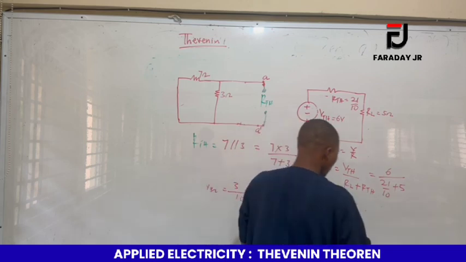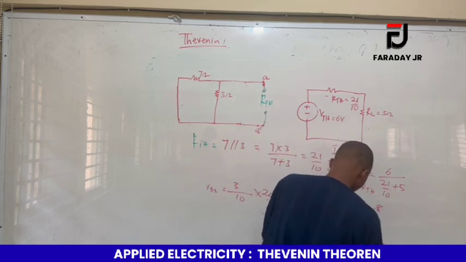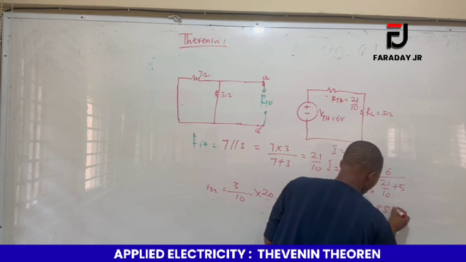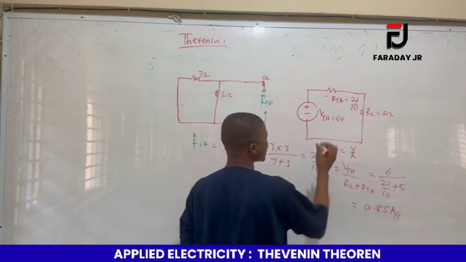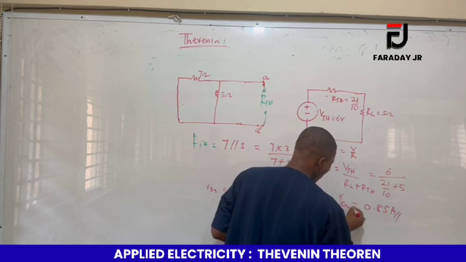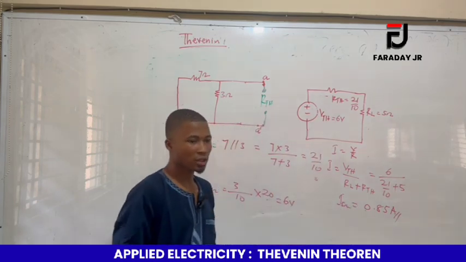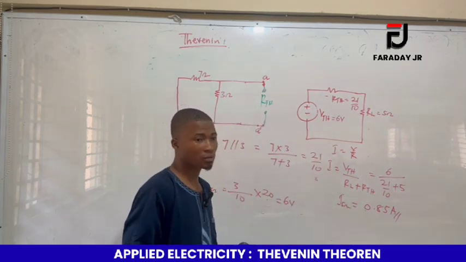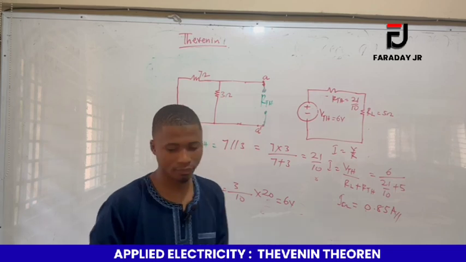That gives us 0.85 amps current flowing through the 5 ohm resistor. So the current flowing through the 5 ohm resistor is 0.85 amps. Thank you very much, and this is all about Thevenin's analysis.